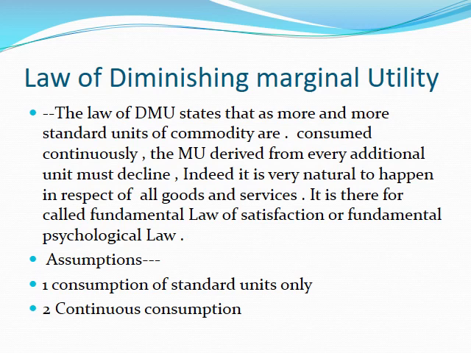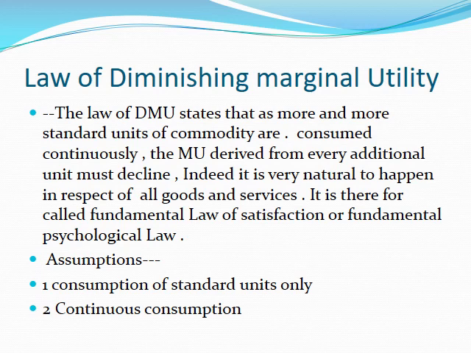The law of diminishing marginal utility states that as more and more standard units of a commodity are consumed continuously, the marginal utility derived from every additional unit must decline. Indeed, it is very natural to happen in respect of all goods and services. It is therefore called the fundamental law of satisfaction or fundamental psychological law.